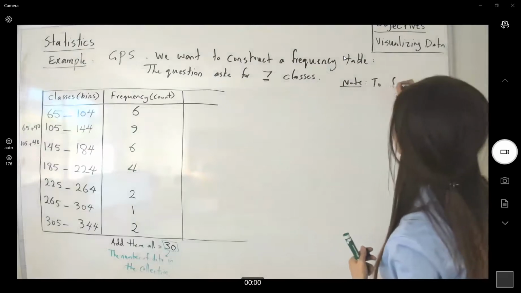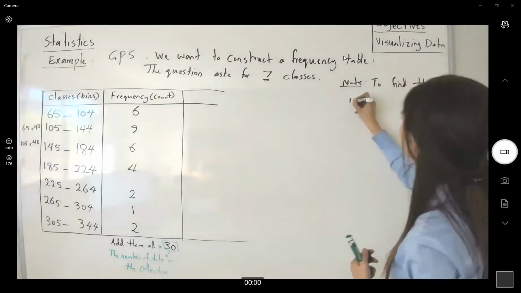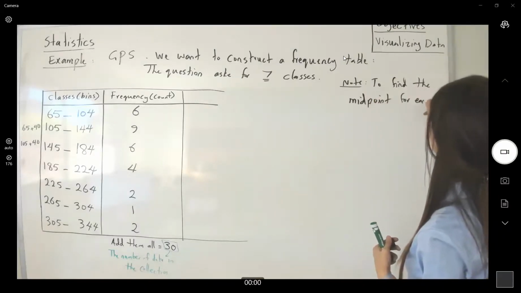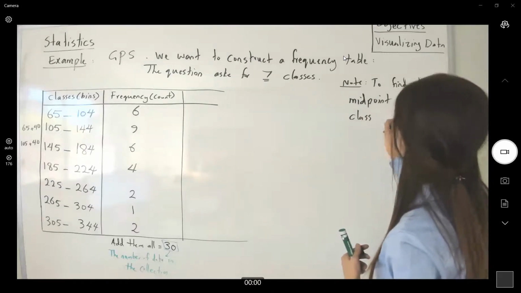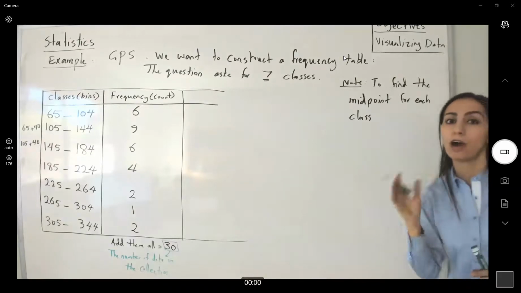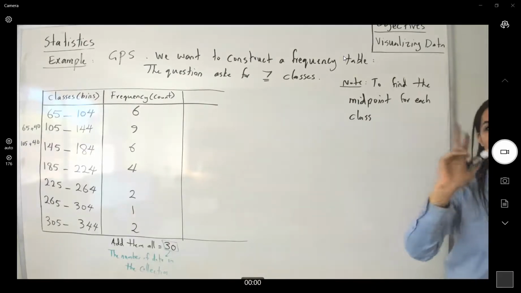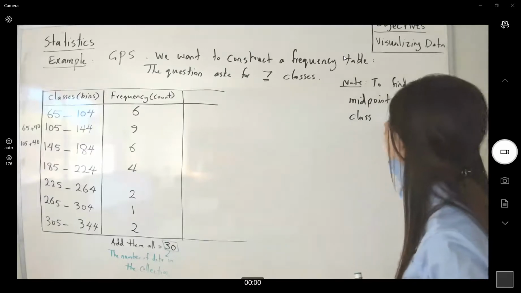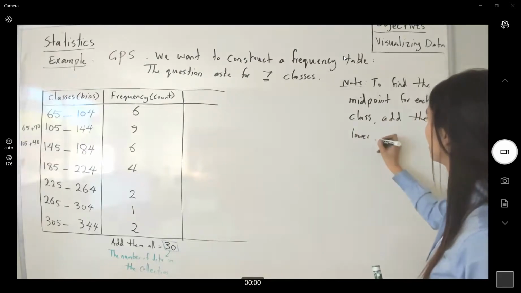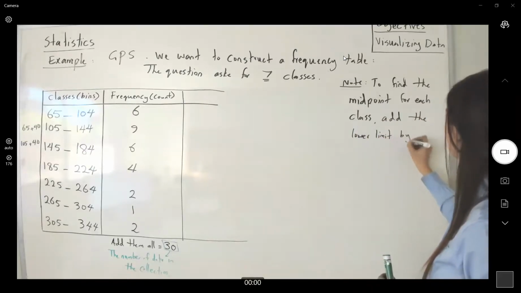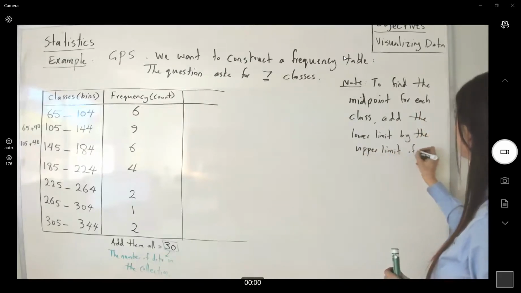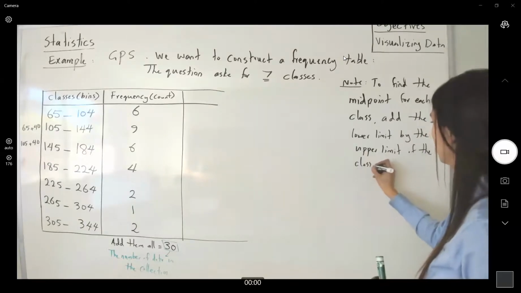To find the midpoint for each class, we add the lower limit of the class to the upper limit of the class and divide by 2.